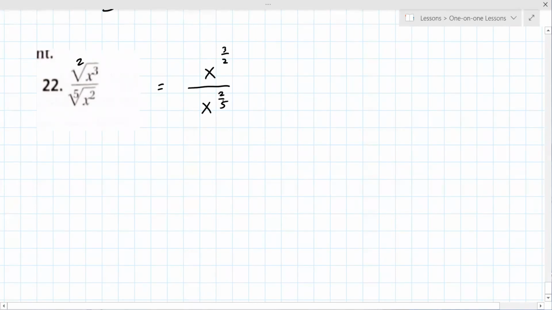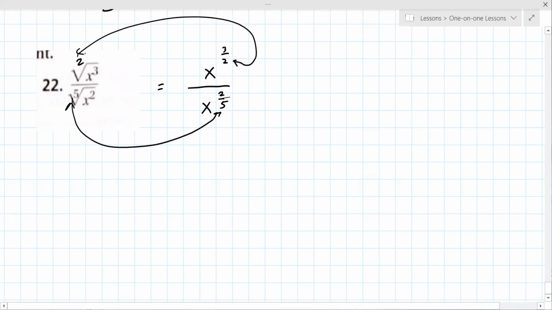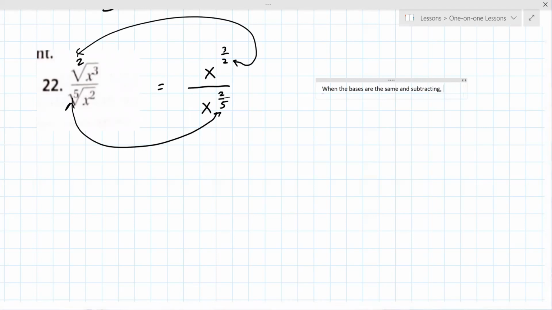So you have to know that the bottom number in the 5 is that 5, and that 2 is on the bottom there. If you get them mixed up, it's completely wrong here. So here, when the bases are the same and dividing, subtract the exponents.